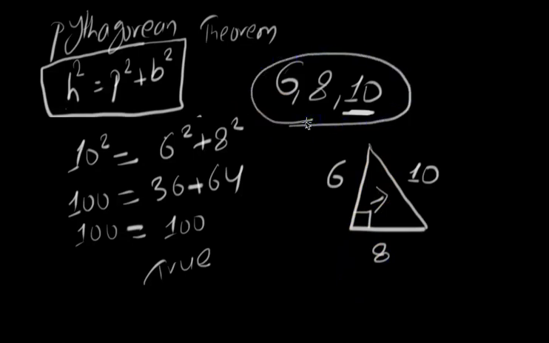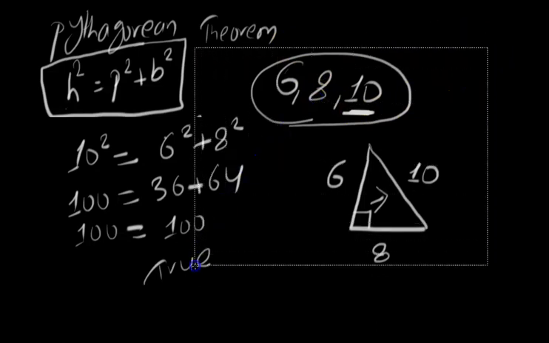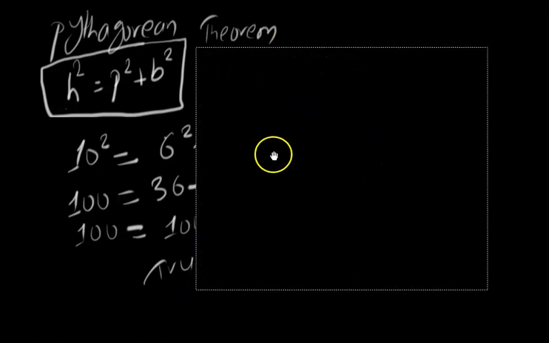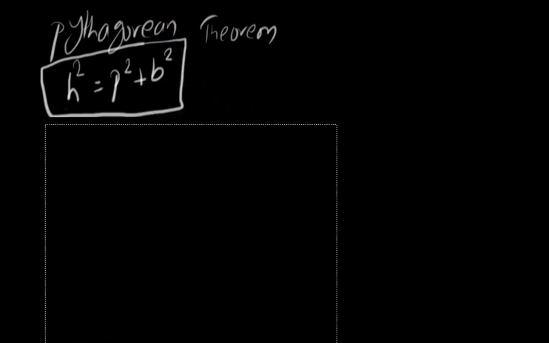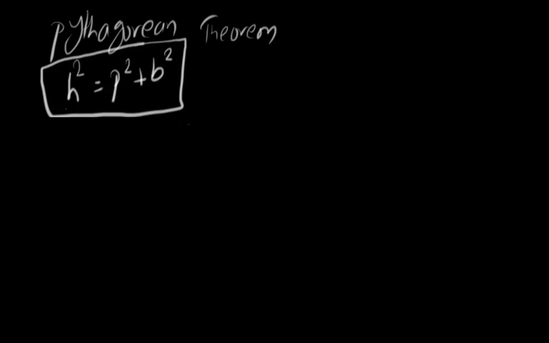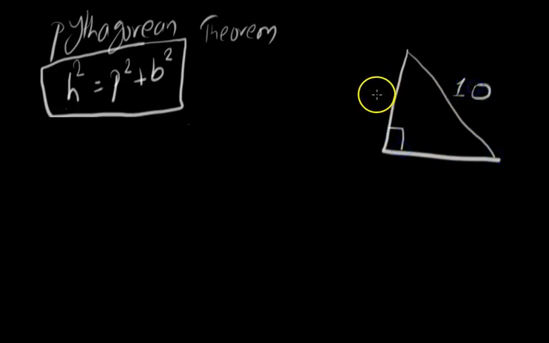All right, let's try one more problem and then we are done with this video. Let me quickly clear this out. In a given right angle triangle, if 10 is given here and 5 here, what will this side be?